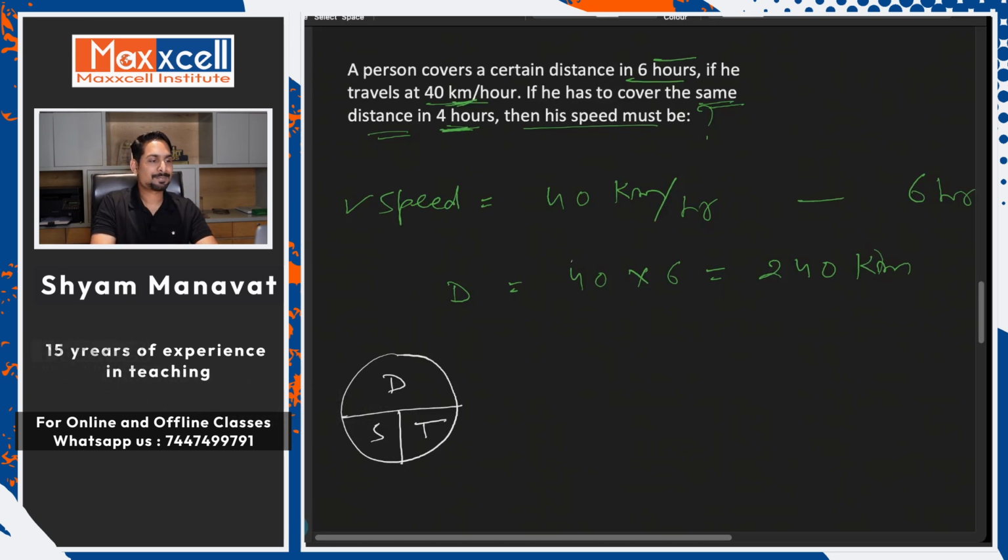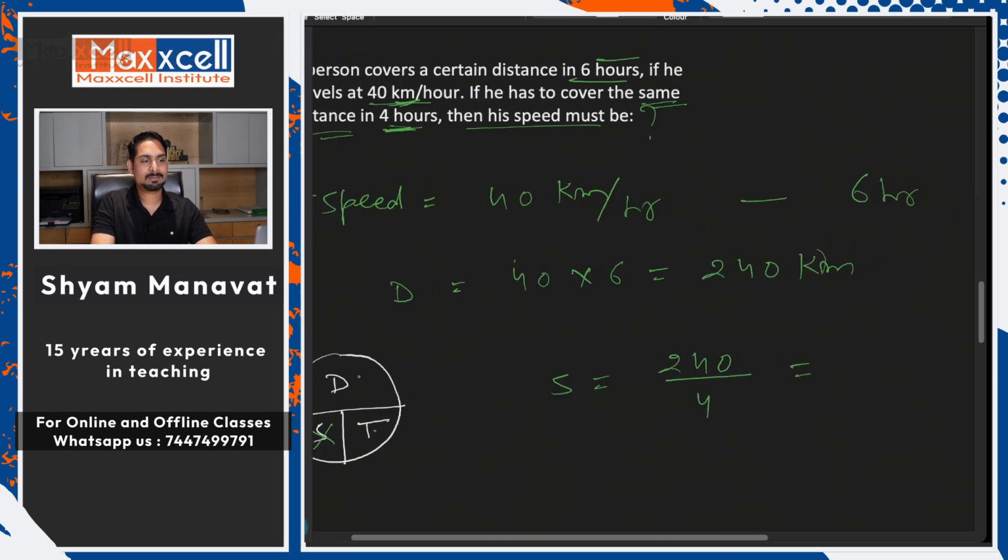Now the same distance is covered in 4 hours. So what will be the speed? If I want to find the speed, speed will be equal to distance upon time. So speed equals distance, which is 240, upon time, which is 4 hours, right? Simplify, what will you get?